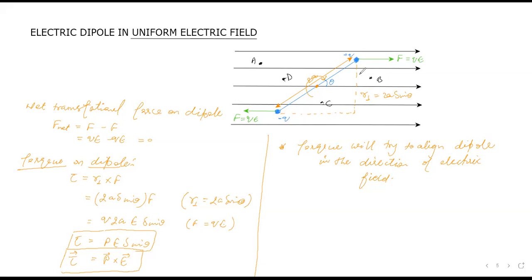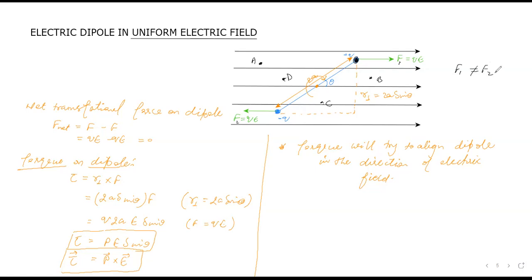I mean, the value of the electric field is different at each and every point. So the amount of force acting upon both of the charges will also not be the same. Hence, if you consider this F1 and this F2, F1 will never be equal to F2.